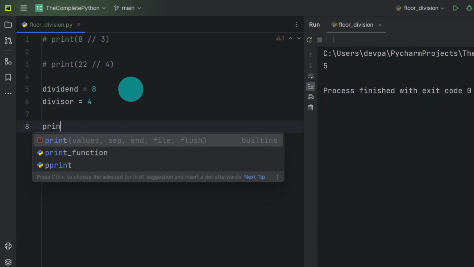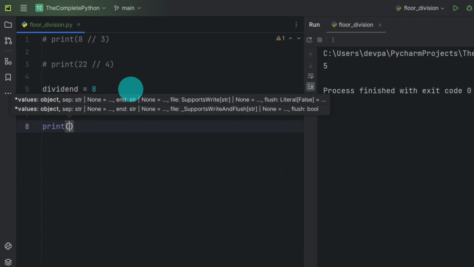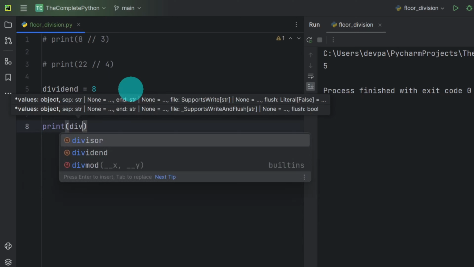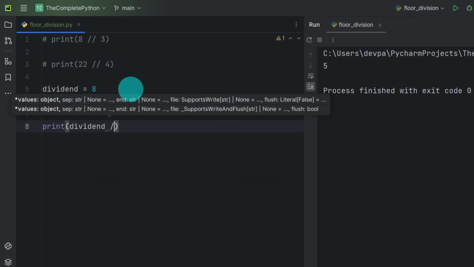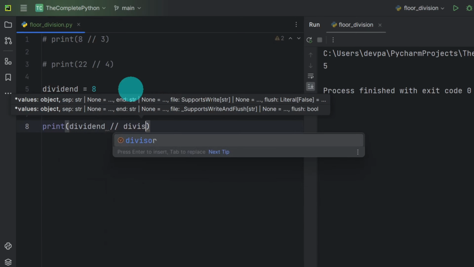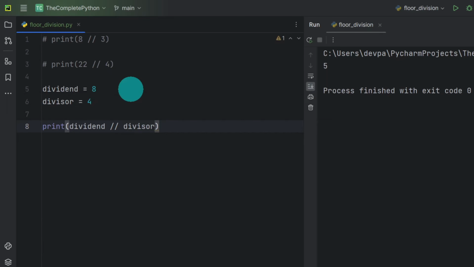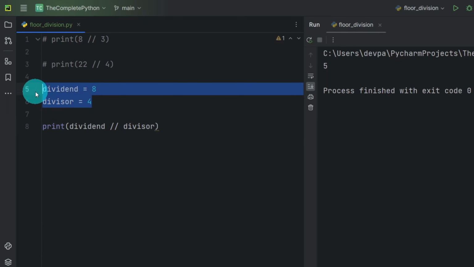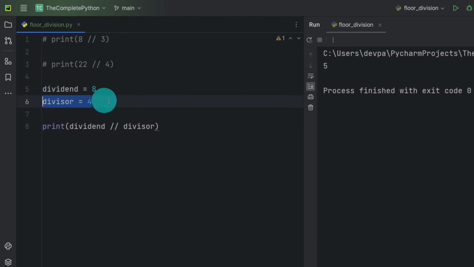Next, let's perform floor division operation with these variables. Dividend, floor division, divisor. So I have created two variables, dividend, it is storing 8 and divisor, it is storing 4. Now here we are performing 8 floor division 4.